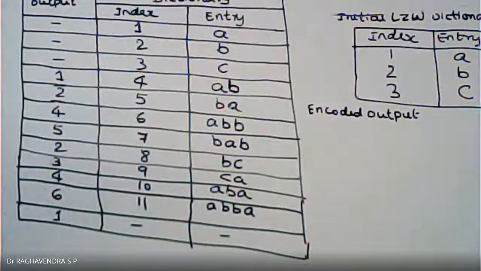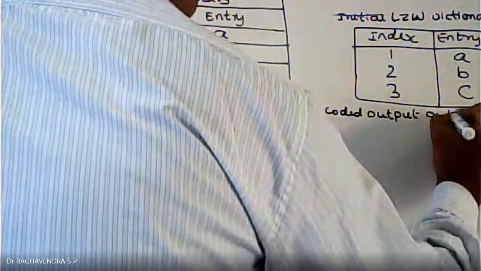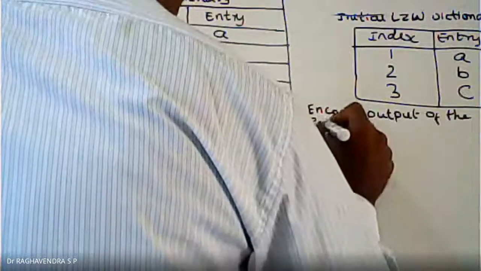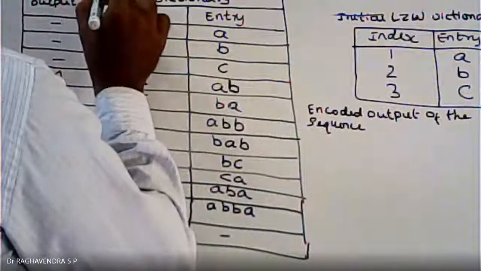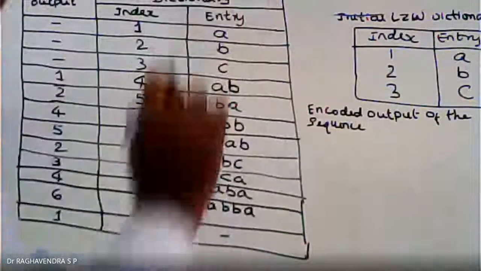Okay. Now here is the encoded output for the sequence. The sequence is A B A B B A B C A B A B B A. So this is the sequence.